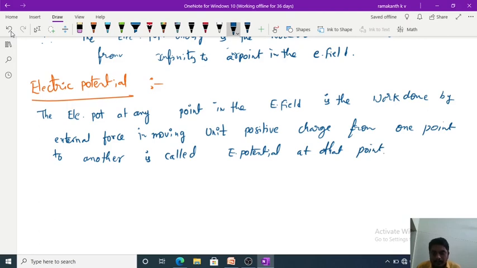So it can be represented as one point to another point is called electric potential difference. Here this is electric potential difference.